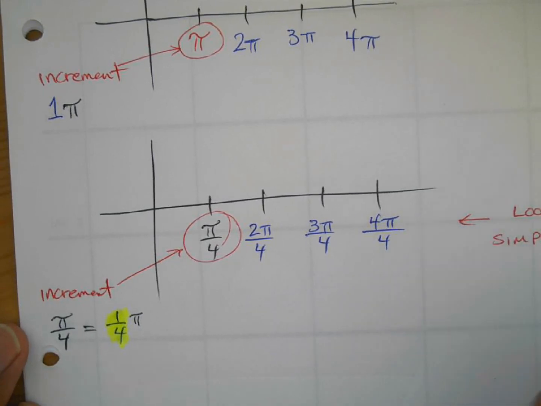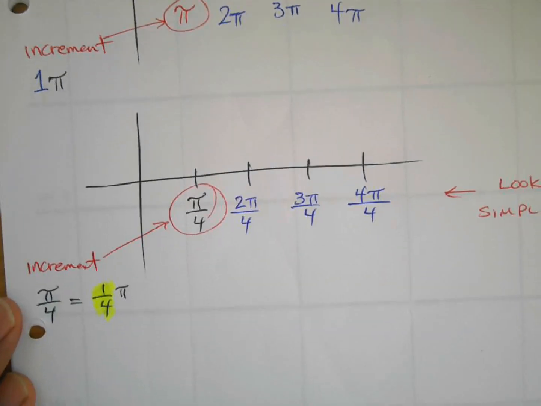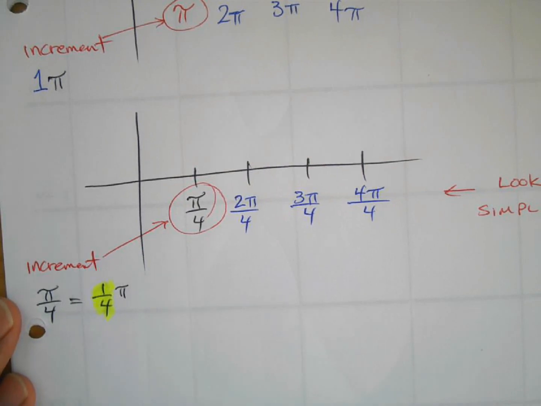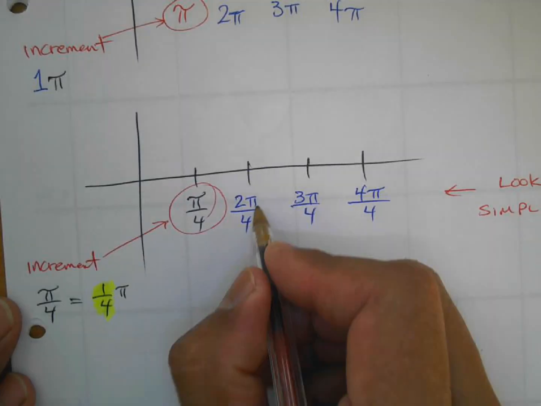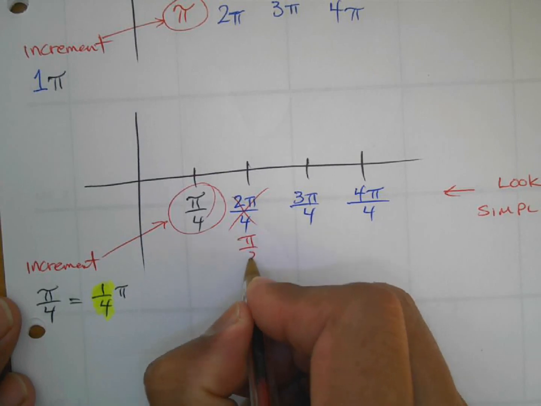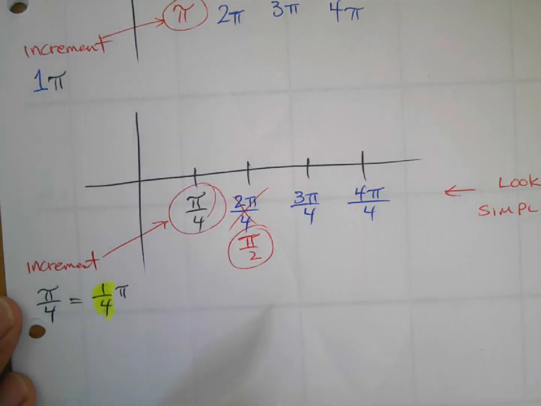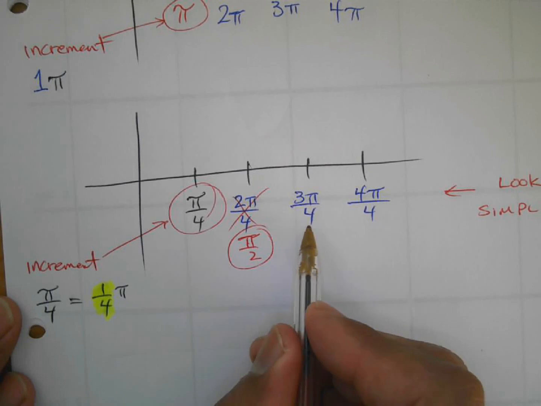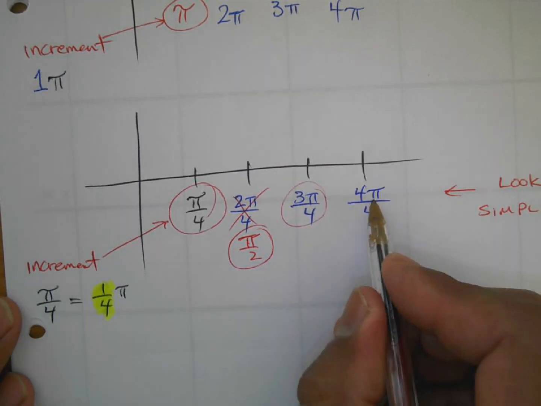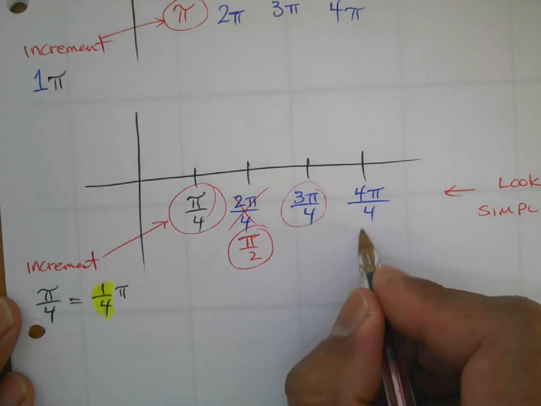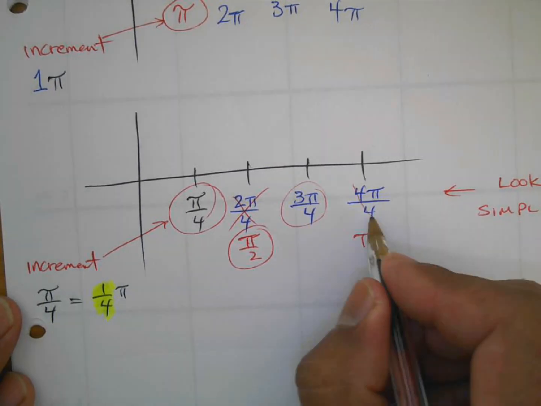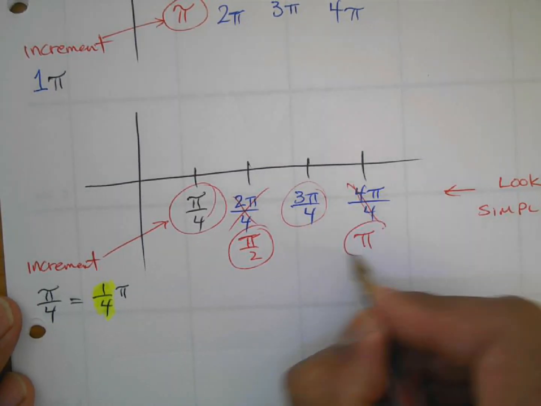Any of these can be reduced? Yes, several of them. 2 pi over 4 is the same as pi over 2. 3 pi over 4 is fine. 4 pi over 4 is pi. All right, 4 divided by 4, you just get pi.